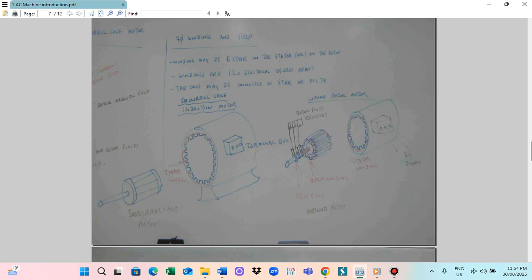A wound rotor motor has windings on both the stator and the rotor. This is the stator here, and the stator windings are rolled like this. So this is all the stator winding.